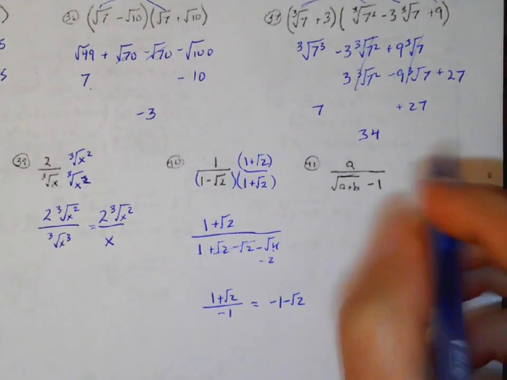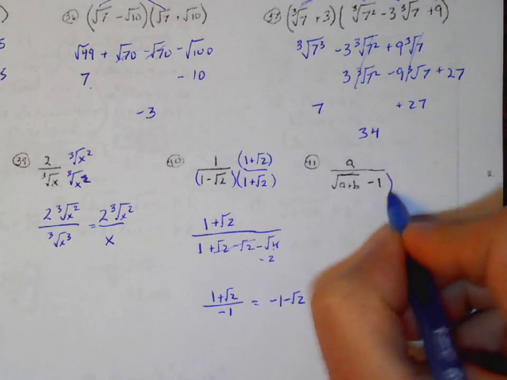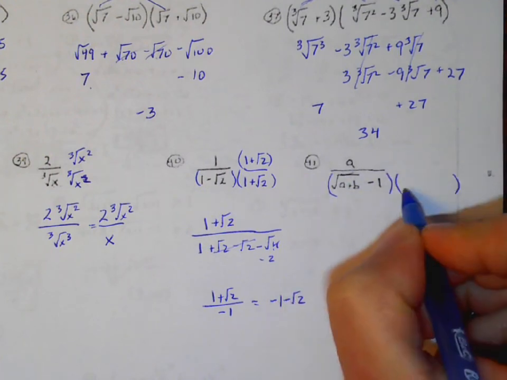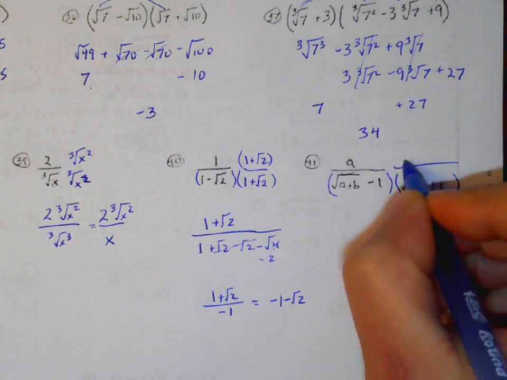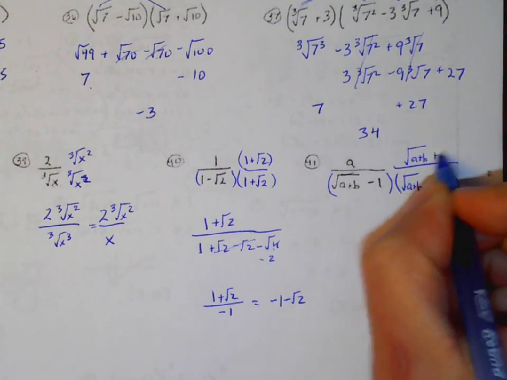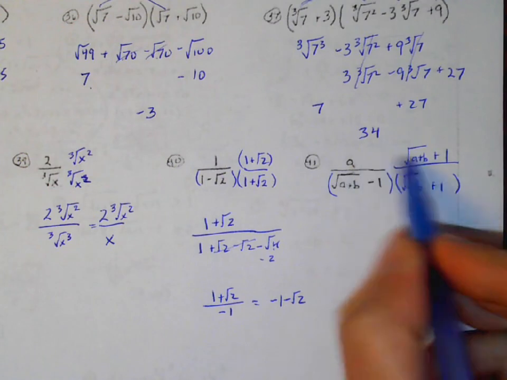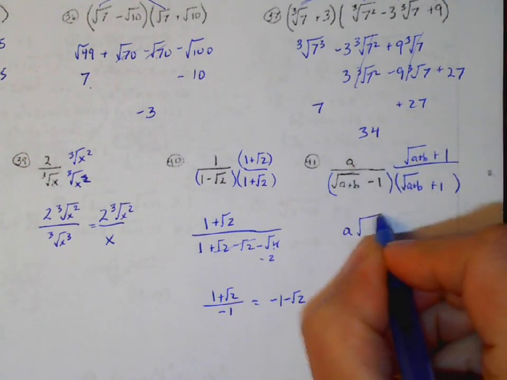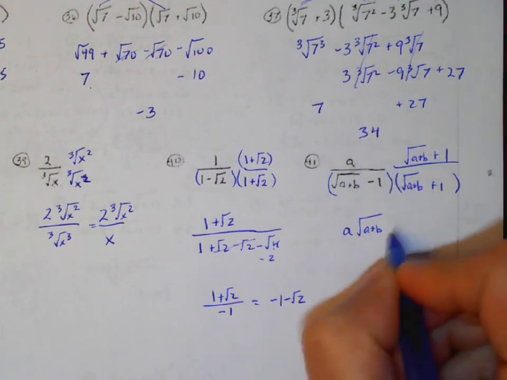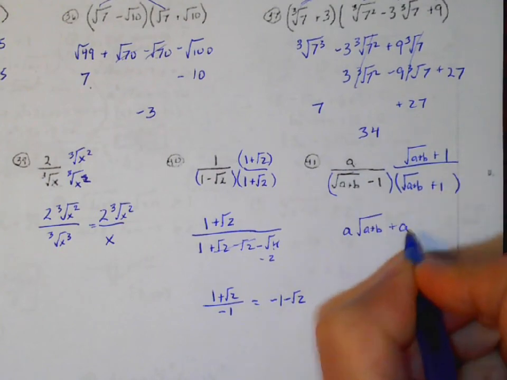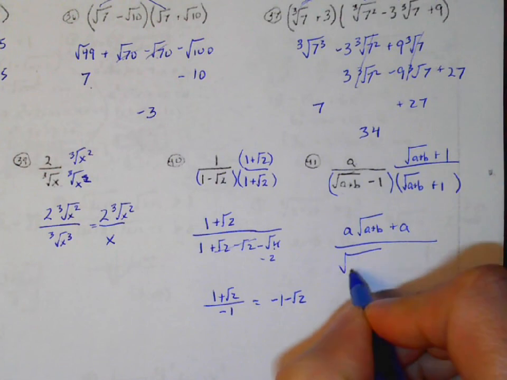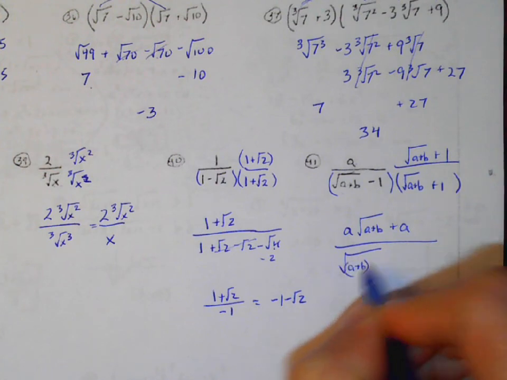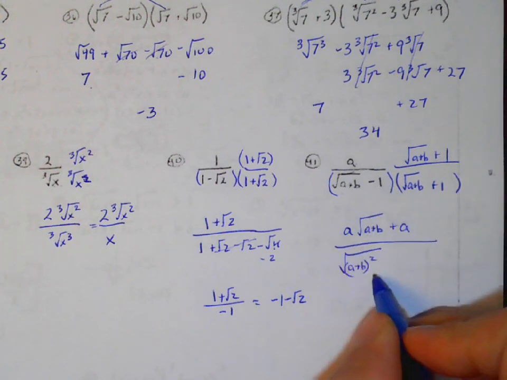Okay, same thing here. We got 2 terms. We have to multiply by the conjugate, which would be the square root of a plus b plus 1. Okay, so if I take this times this, that would just be a square root of a plus b plus a. This times this would be the square root of a plus b squared, because I'm multiplying it by itself.